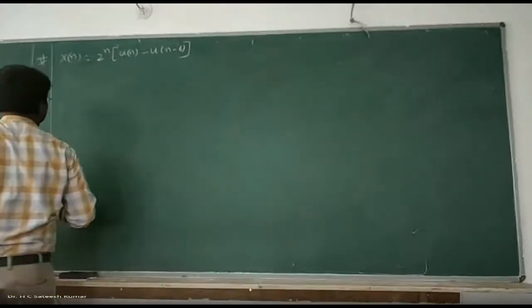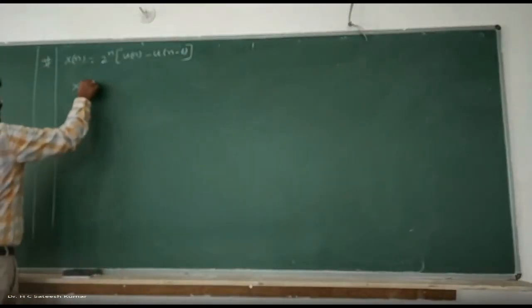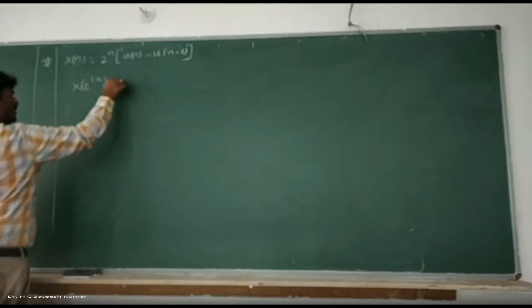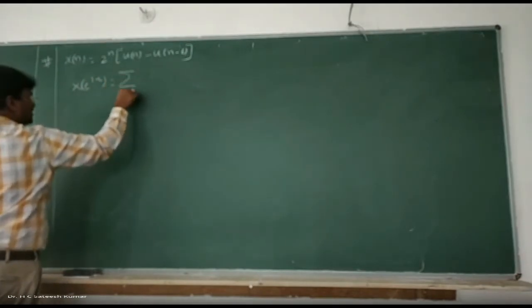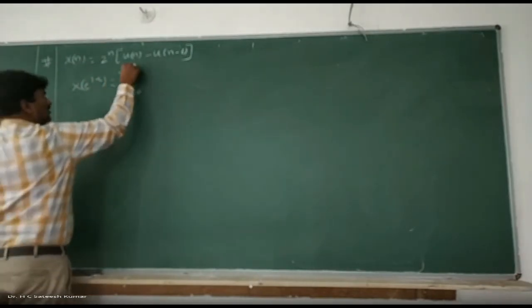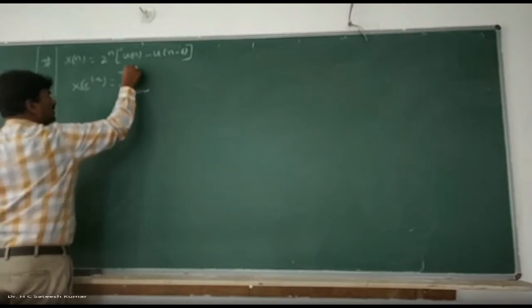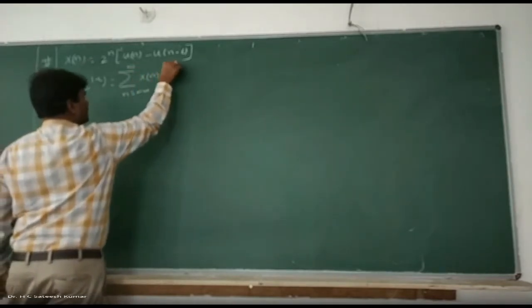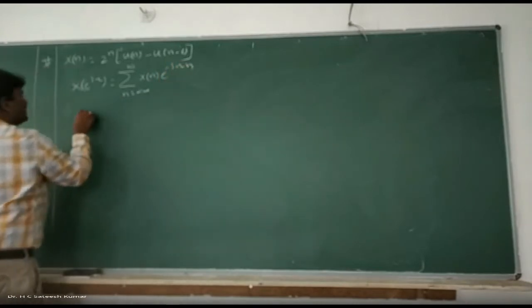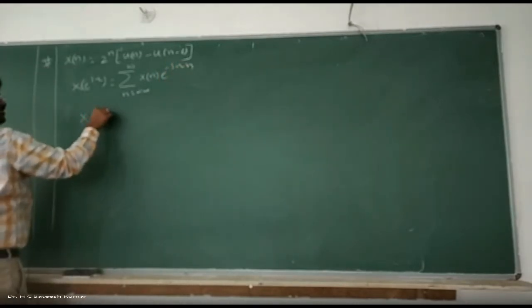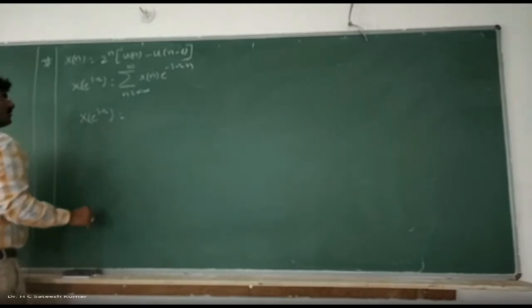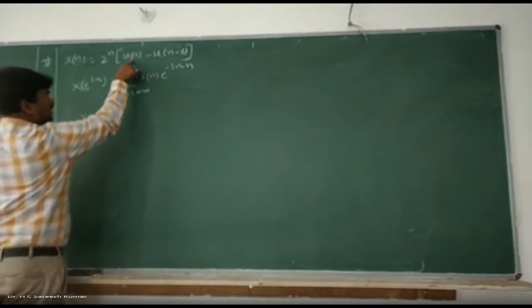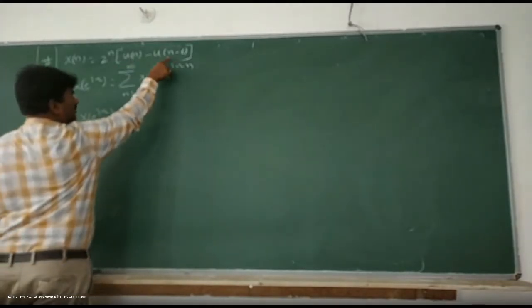Okay. X of e to the power of j omega is equal to what? By definition, summation n varies from minus infinity to plus infinity, x of n into e to the power of minus j omega n. This is from where to where? u of n is from 0 to infinity. u of n minus 6 is from 6 to infinity.